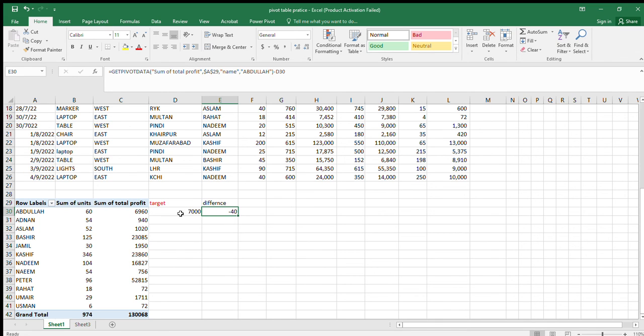And with the same formula, the same targets you can write here, and you will have the differences here. If you have a positive sign, it means that person has achieved the target in rupee terms and currency terms. If it is negative, he has not achieved his target.